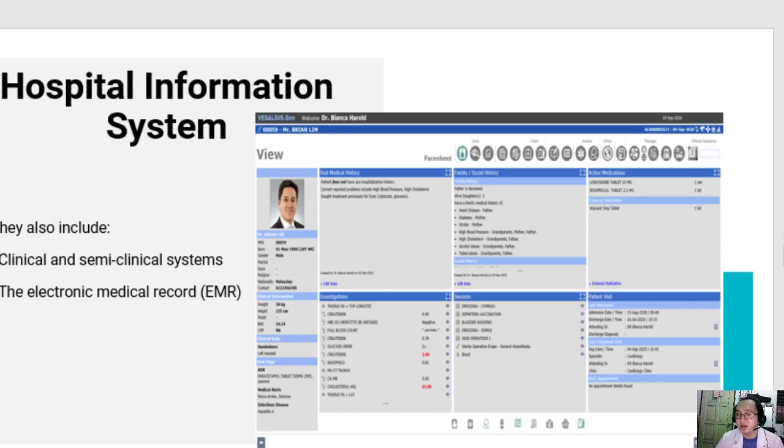The figure you can see on the screen shows examples of hospital information systems: clinical and semi-clinical systems and EMR.